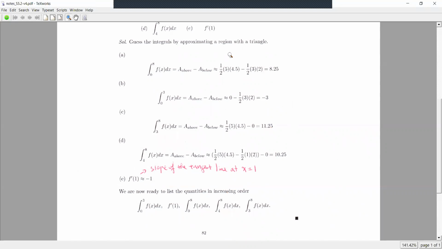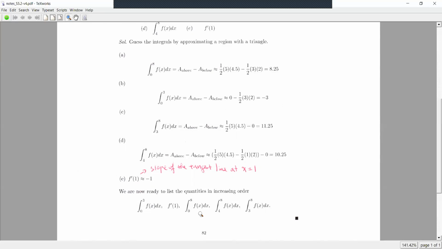then I can make a list from the smallest to the largest of these quantities. The smallest quantity is the integral from 0 to 3. It is about -3. So this one is the smallest. The second smallest quantity is the derivative at 1.